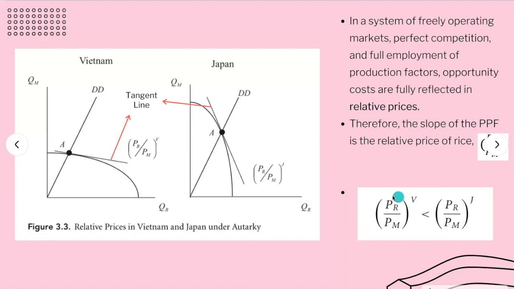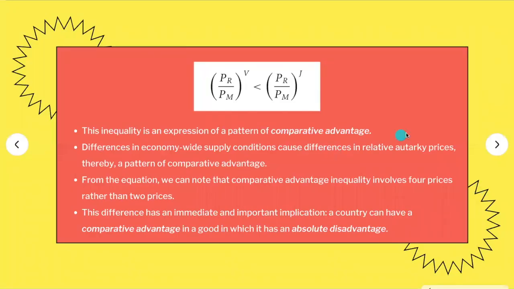So the PR/PM of Vietnam is less than the PR/PM in Japan. This inequality is an expression of a pattern of comparative advantage.